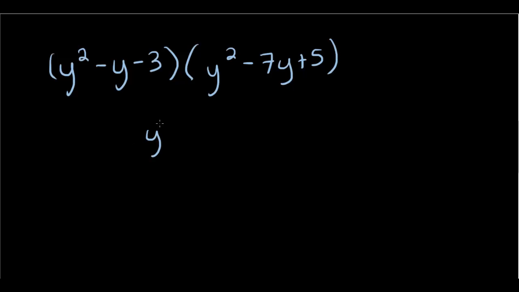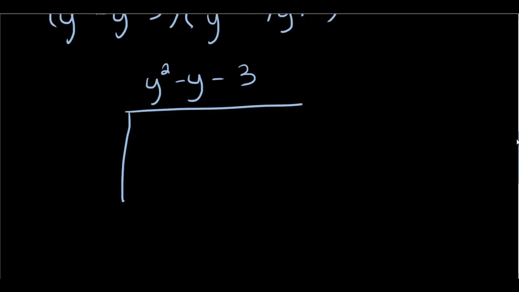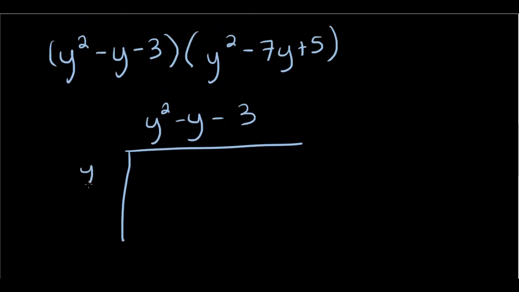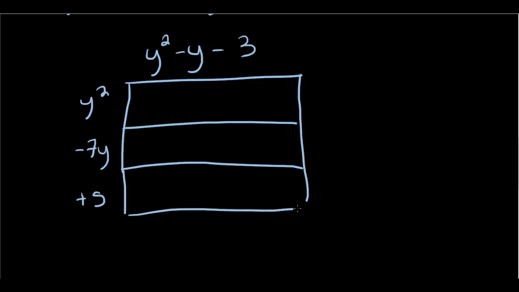So we're going to have y squared minus y minus 3, and then on this side I'm going to have y squared minus 7y plus 5. Okay, so now we're going to multiply.